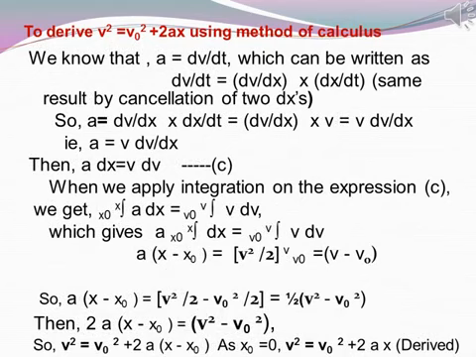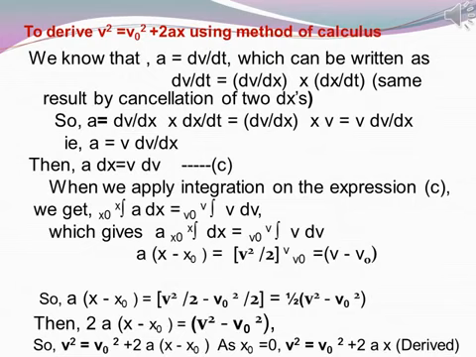Now, I am going to derive the third kinematic equation v square is equal to v0 square plus 2ax using the same method. We know that a is equal to dv by dt, which means that rate of change of velocity gives instantaneous acceleration, which can be written as dv by dt is equal to dv by dx into dx by dt.